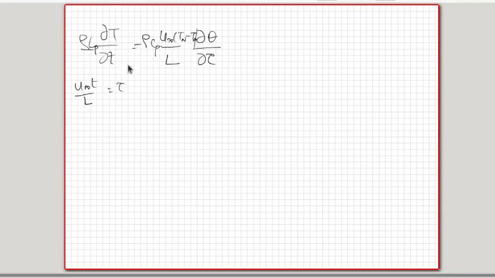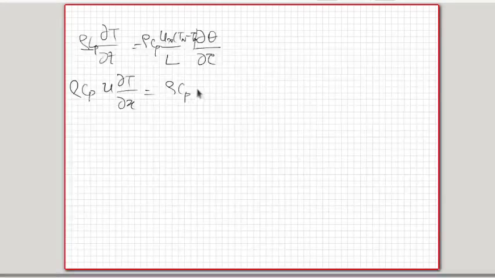What about the second term? The second term will be rho Cp into u del t by del x. This can be written as the same rho Cp will just remain the way it is.